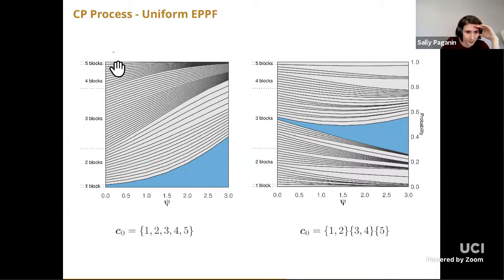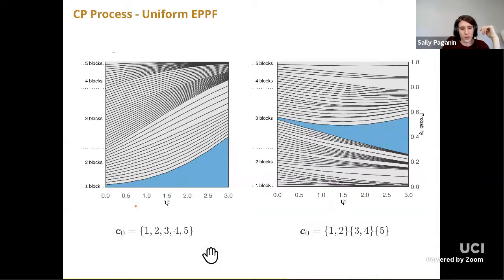In these plots, I'm showing the cumulative density function of all the possible partitions of 5 elements. The area between the lines represents the probability of the partitions. These probabilities are shown for different values of psi, and the colored area is the place of C naught, the partition that we have as prior information.